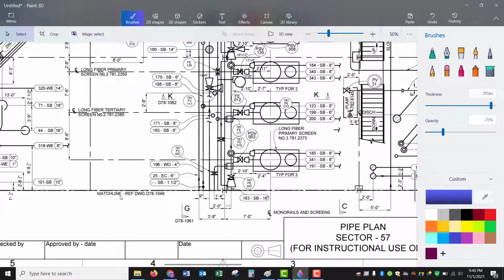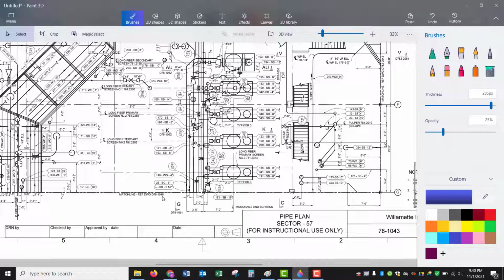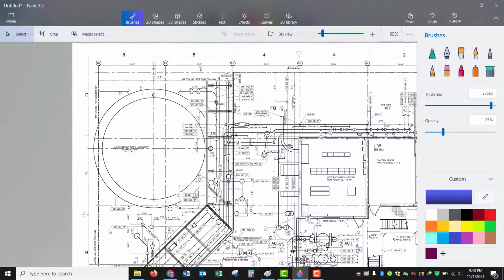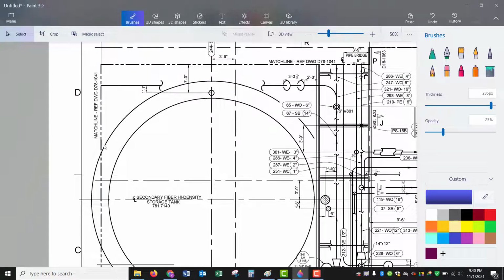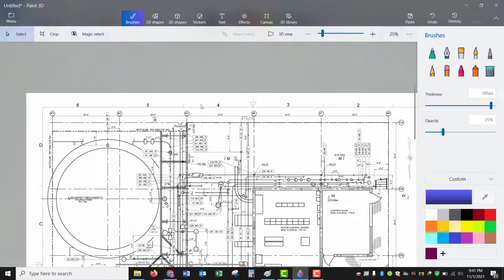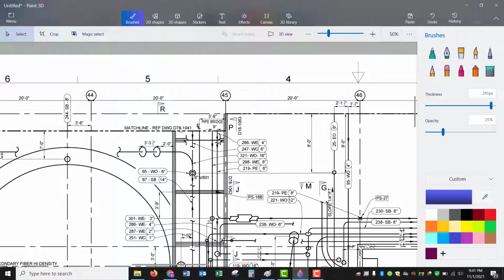The drawing that matches it is 78-1048. To the east side, we have a match line here for this drawing, or this drawing right here. So that one was broken into different drawings. And then the south side of the facility is matched up with drawing 78-1041.